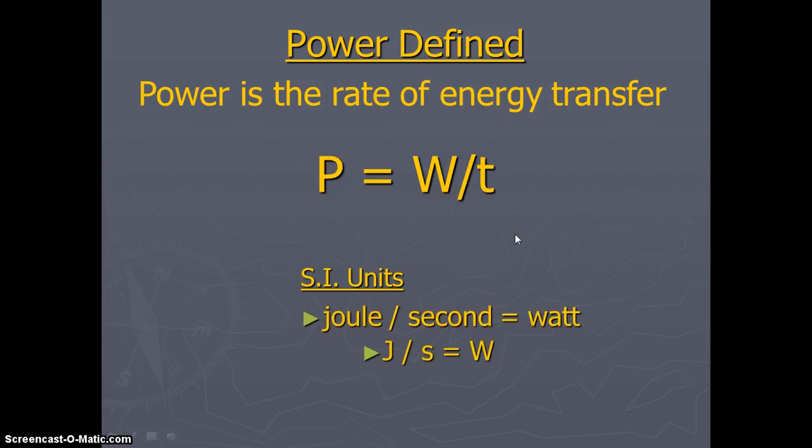So work is a transfer of energy. Power is how quickly, or how much time it takes you, to transfer that energy. The SI unit is joule per second, which gets a special name called the watt, named after James Watt, who was a perfecter of the steam engine.